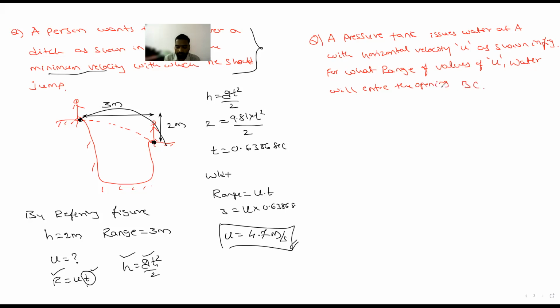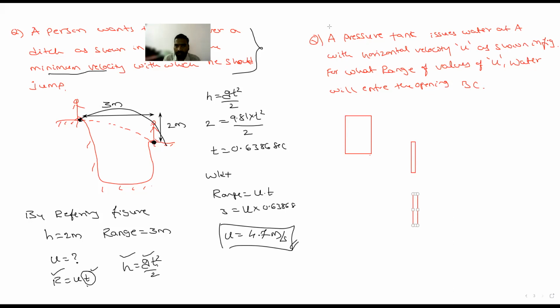BC means, looking at the diagram. Okay, he has given a diagram. There is a tank, and for this tank there is a ground level. There is a gate.